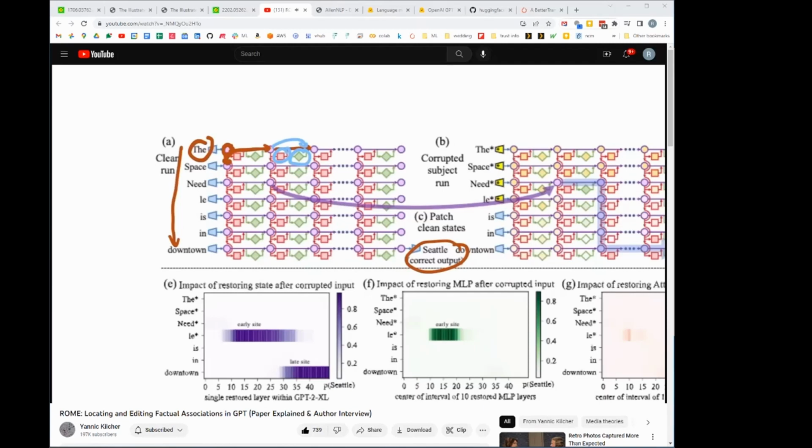Well, not exactly. It's more like when the second token or the third token comes in, so when space is now fed into the transformer, it now gets a signal from the past, because it does causal attention, it looks at the past. So it also will get the hidden states from the past.